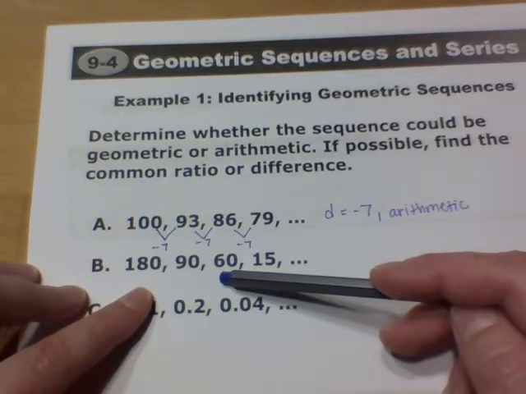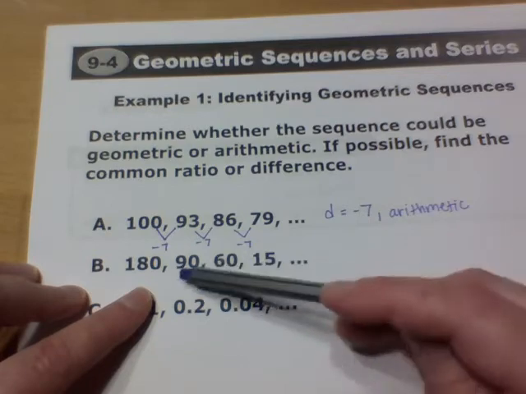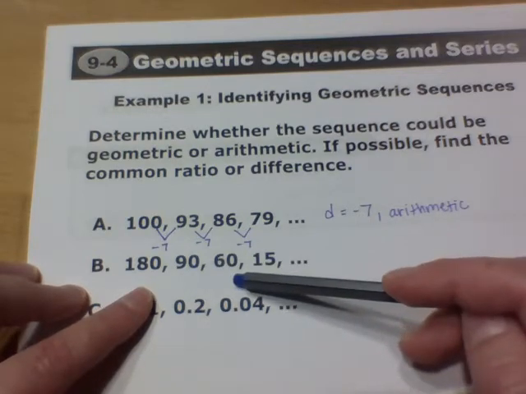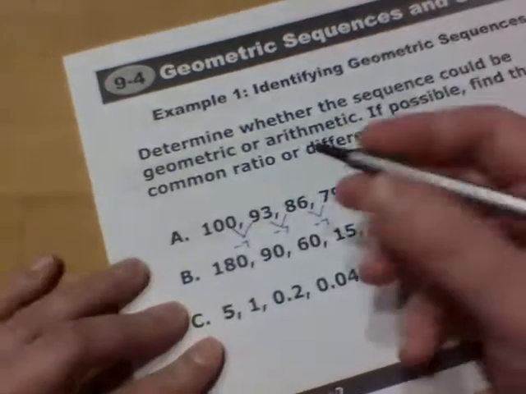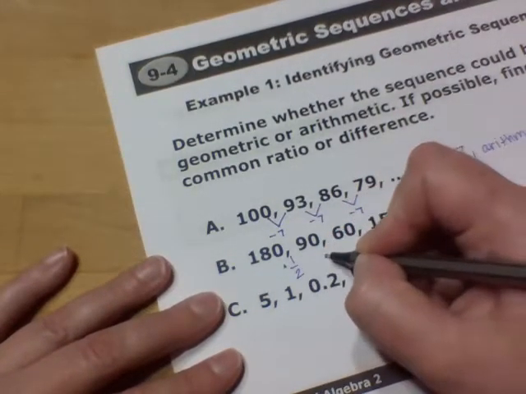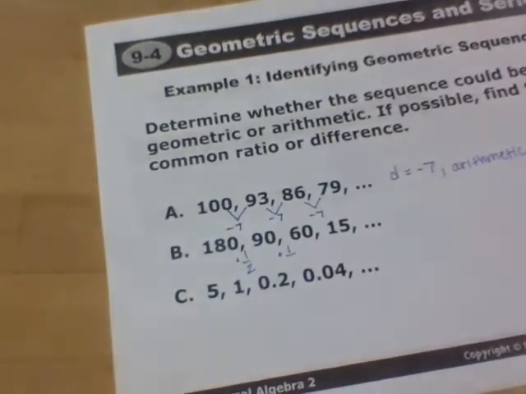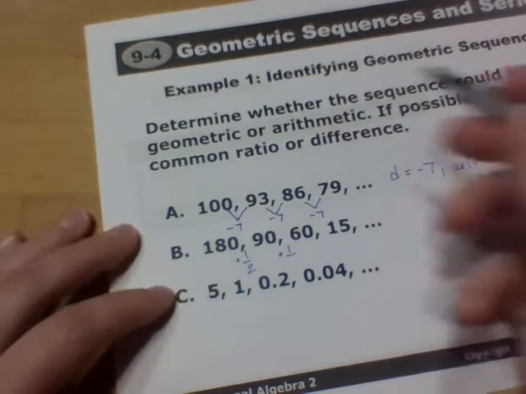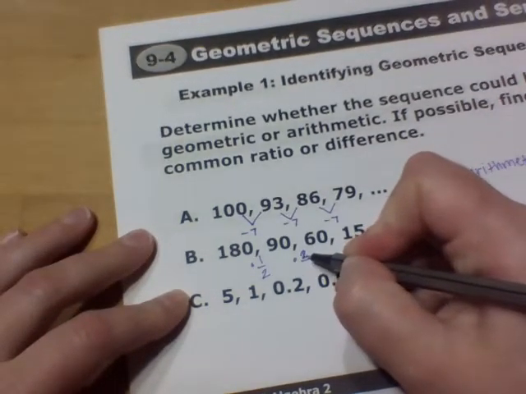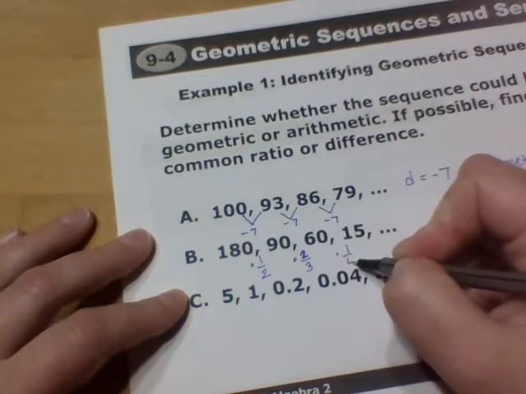It's actually 2/3. Then from 60 to 15, that's multiplying by a fourth.